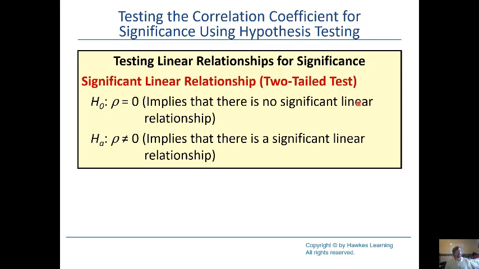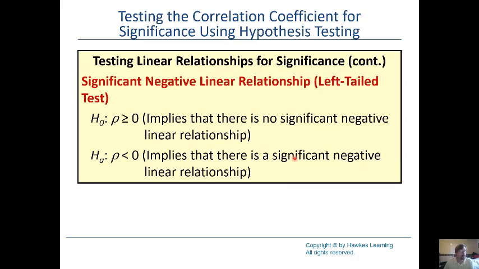We can do hypothesis testing for this. We've got this, that looks like the Greek letter rho to me. We could say that rho equals 0, which implies there's no significant linear relationship, or rho is not equal to 0, which implies that there is a significant relationship.